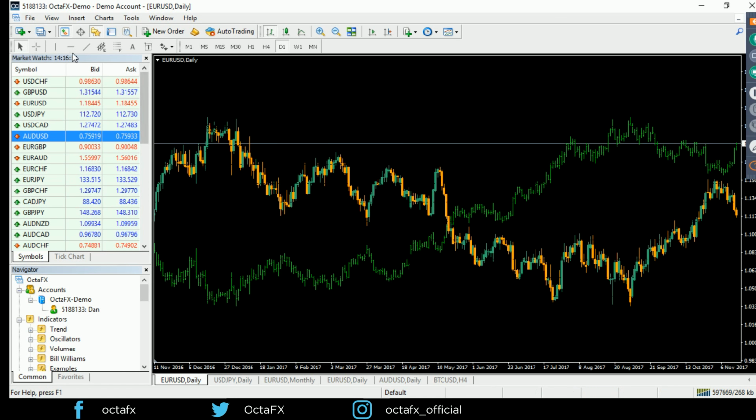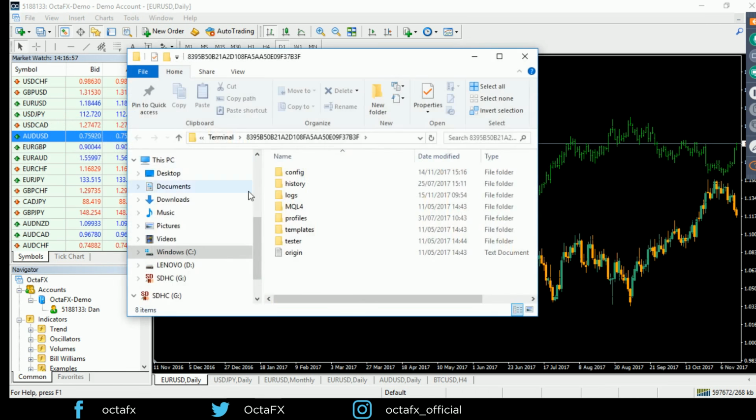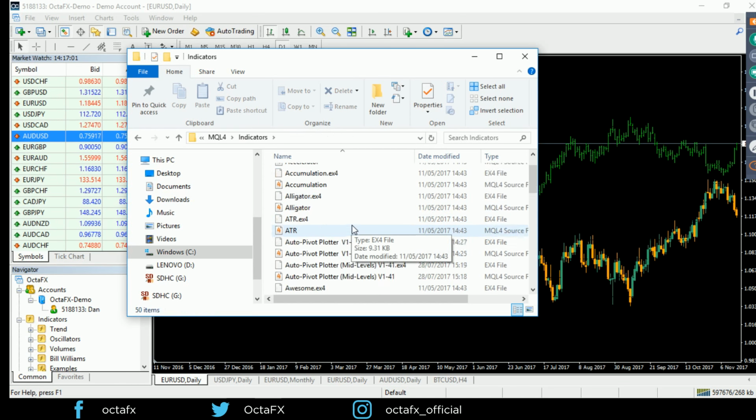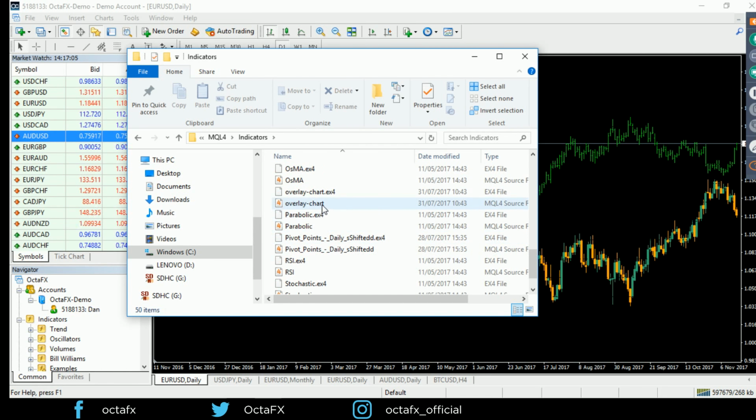Wanted to quickly show you how to add this overlay tool. You go to Open Data folder, go to MQL4, go to Indicators, and here's where you have all your custom indicators. Here's my overlay chart indicator. There's a variety of overlay chart custom indicators. You can pick one that you like from the internet, download it, and then just copy and paste it into this folder.